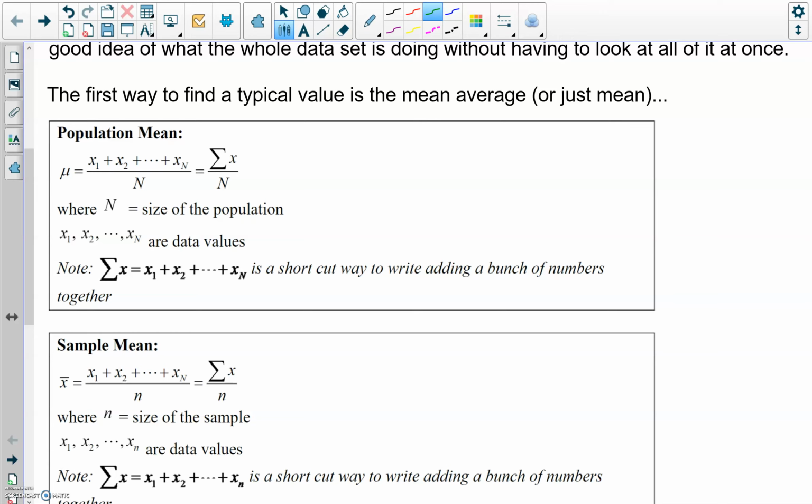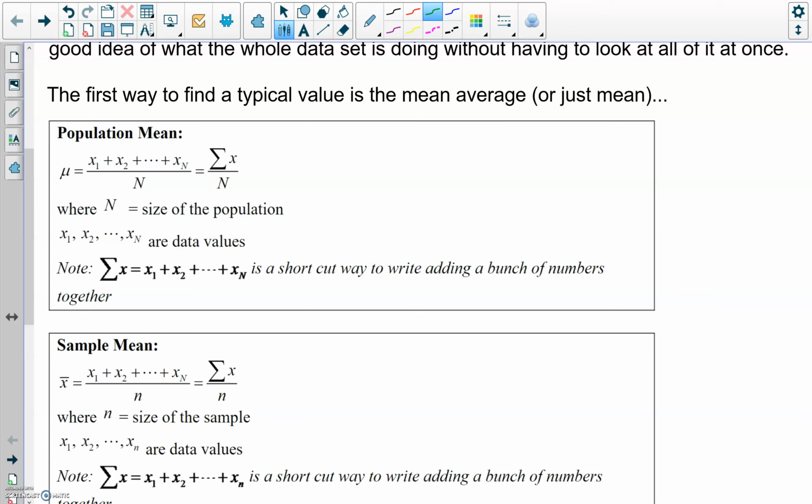So if it was like 1 million people, it'd be x sub 1 million. If it was 10 million people, x sub 10 million. Be a lot of things up there in that numerator being added together, but that's what that subscript n means.